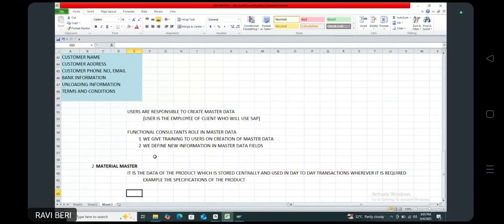So what is the functional consultant's role in master data? Training the users and updating the fields. Product specification fields. Okay. So we give training to users on creation of material master here. And we define new information in material master fields.